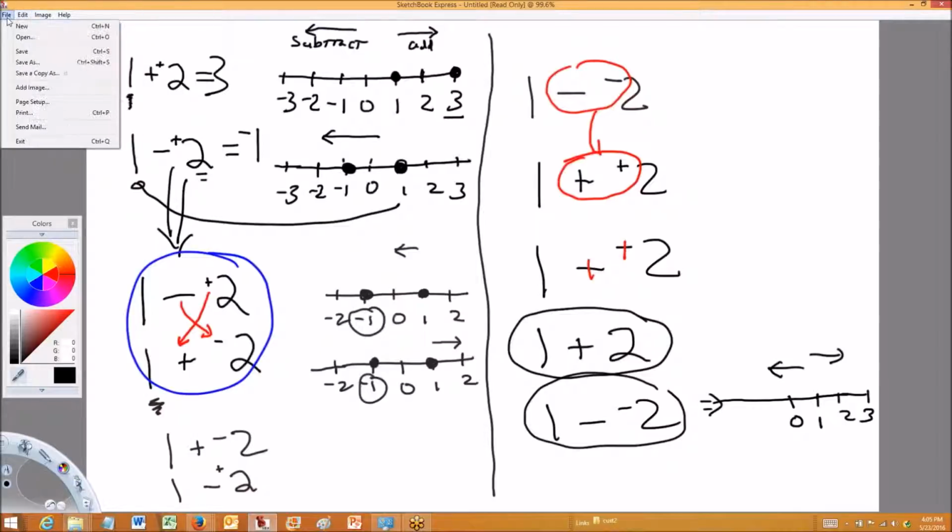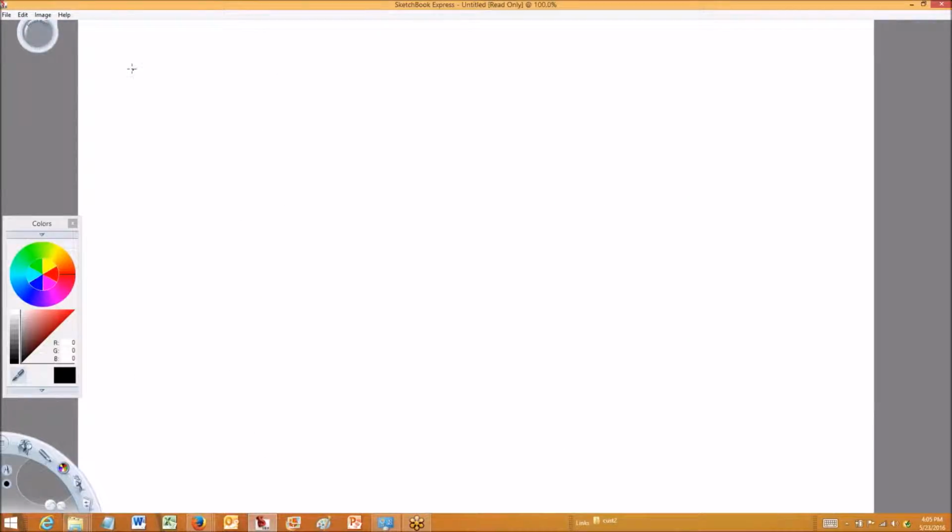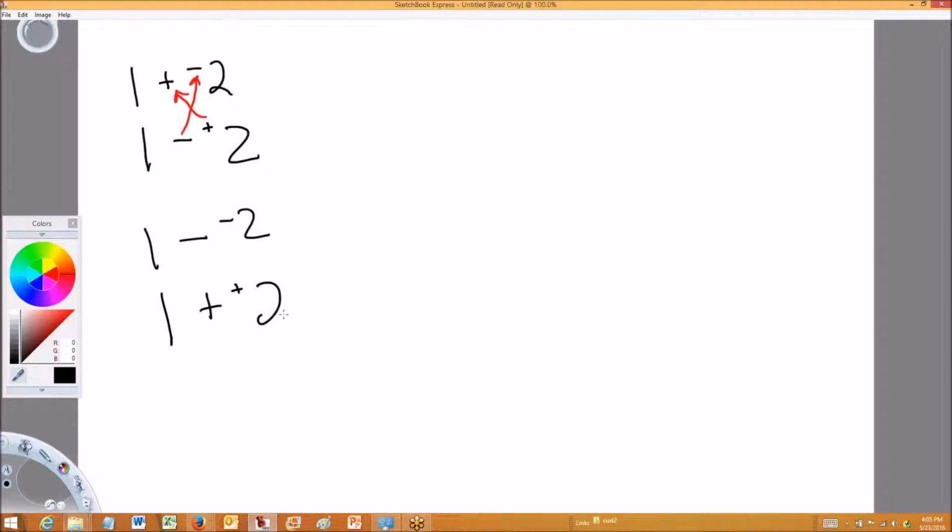Okay, so just to recap, adding a negative is the same as subtracting a positive, and vice versa. They're interchangeable. And subtracting a negative is the same as adding a positive.